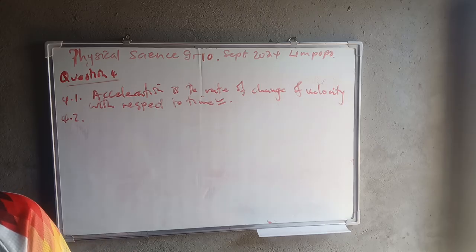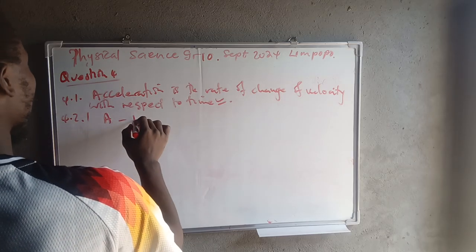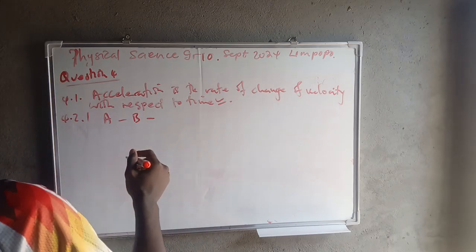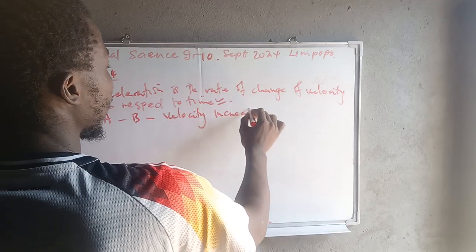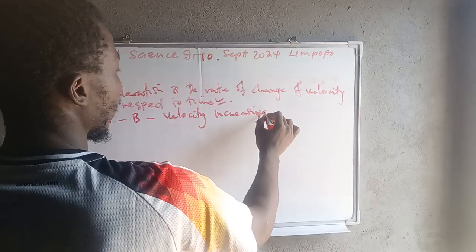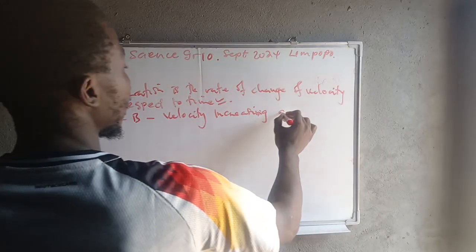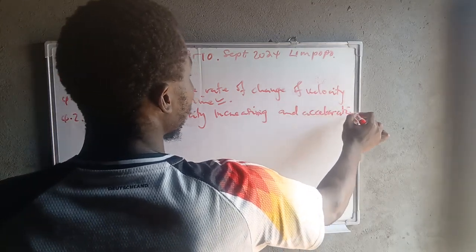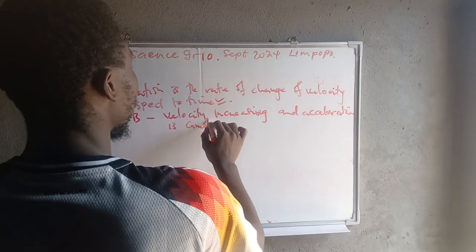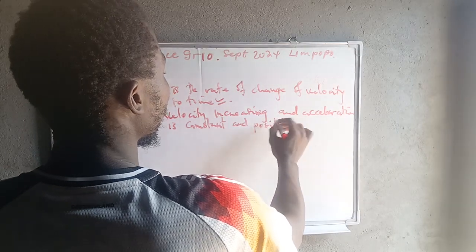At A to B, 4.21, we can say the velocity is increasing, and acceleration is constant and positive.